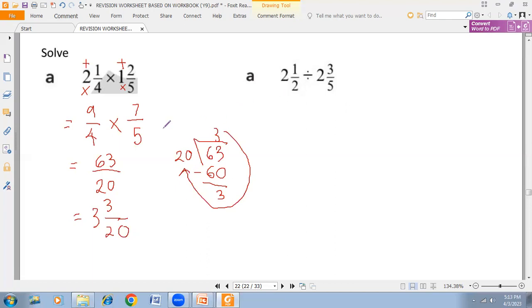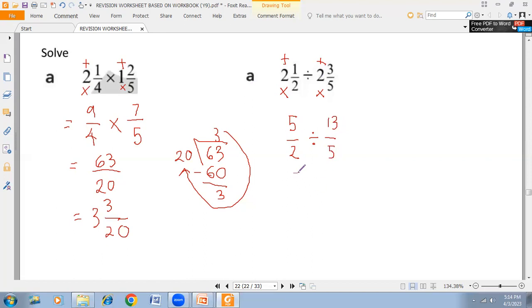Next part. So similar working, but there will be one extra step because it's a divide question. So 2 times 2 is 4, 4 plus 1 is 5, 5 over 2, divided by 5 times 2 is 10, 10 plus 3 is 13, 13 over 5.